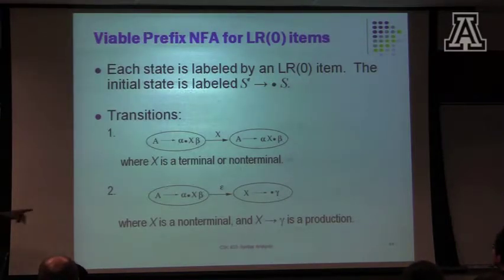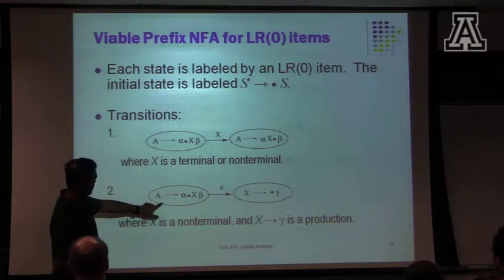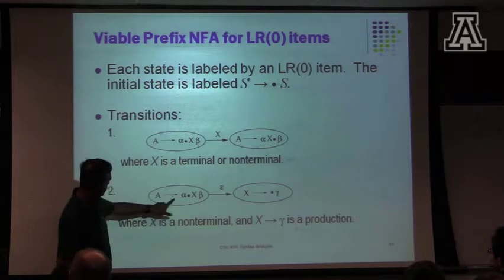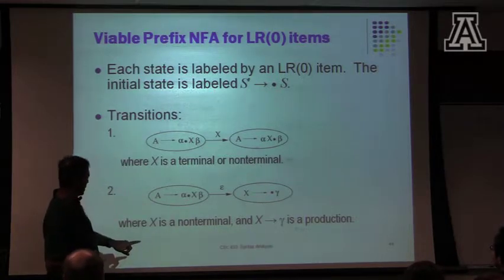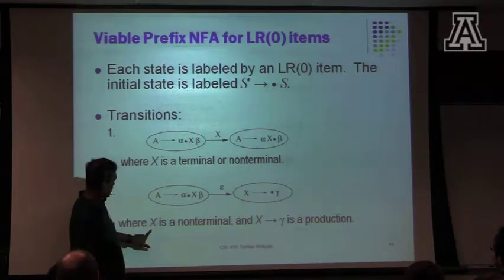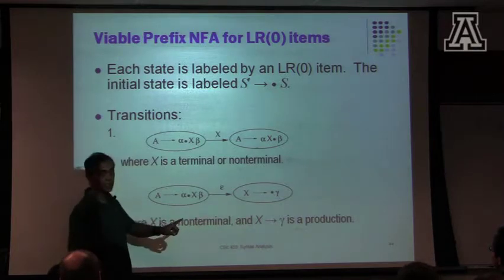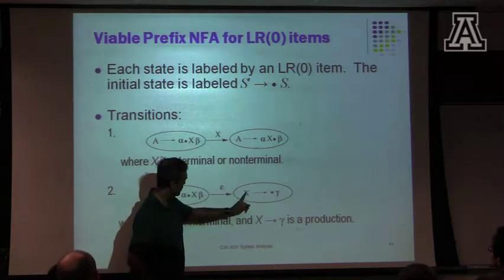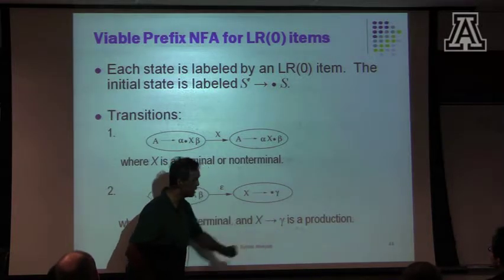So I have these transitions, and this transition says that if I'm in a state with A goes to alpha dot X beta, where X is a non-terminal, then I have an epsilon transition to a state where I have the item X goes to dot gamma, where X goes to gamma is a production.